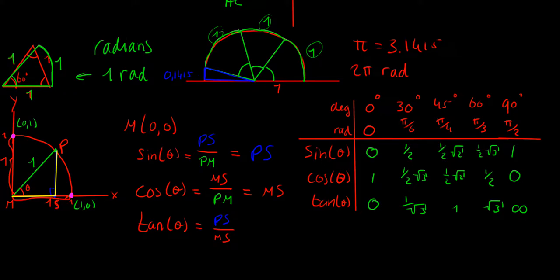If you ever forget these values of the tangent, you can just simply divide the sine by cosine, because tangent was PS divided by MS. But PS was equal to our sine, and MS was equal to our cosine. So tangent is actually equal to the sine of theta divided by the cosine of theta.